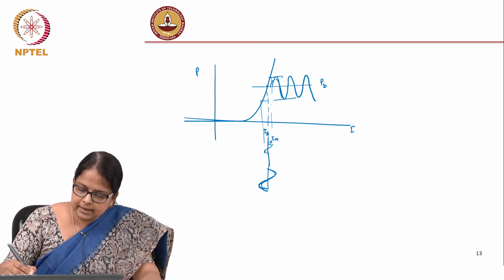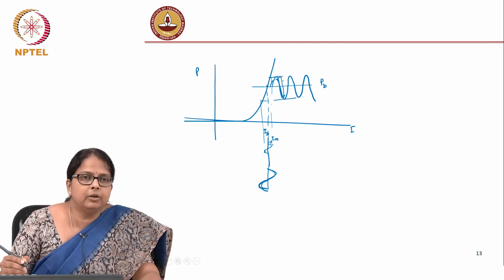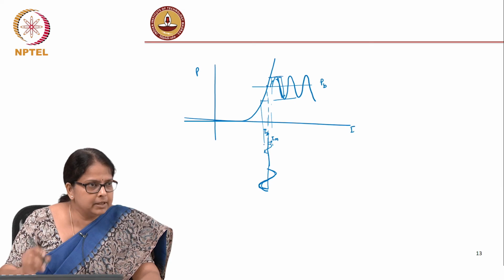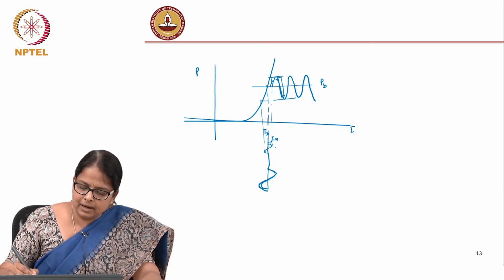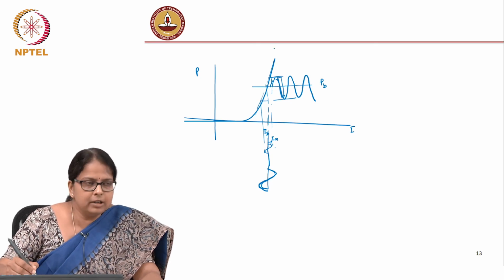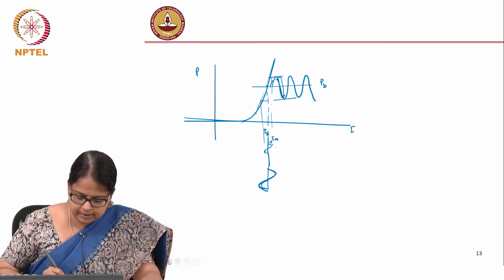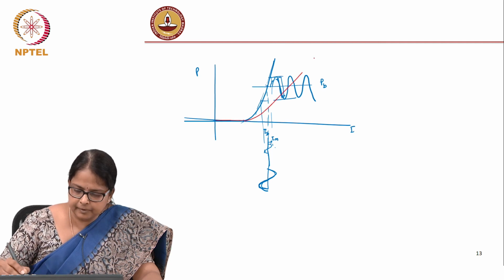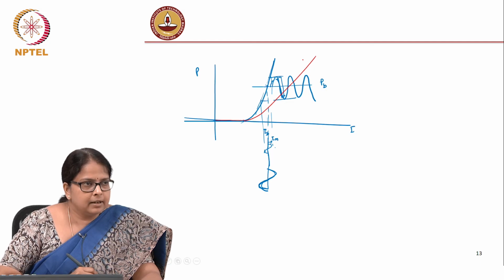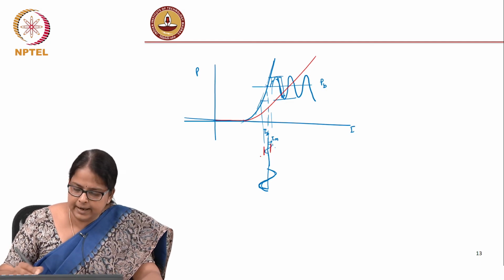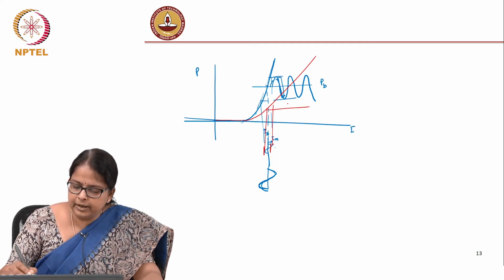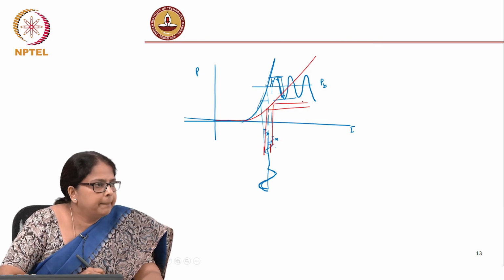So, what decides the modulation depth in the optical domain? Of course, there is an IM by IB, but there is one more conversion factor. Current gets converted to power and you are trying to operate in the linear regime, and what do you call the slope? The slope efficiency. If I have a poorer slope efficiency, let me think of another laser where the slope efficiency is only this, which means that for the same IM, I am going to get only a smaller PM.